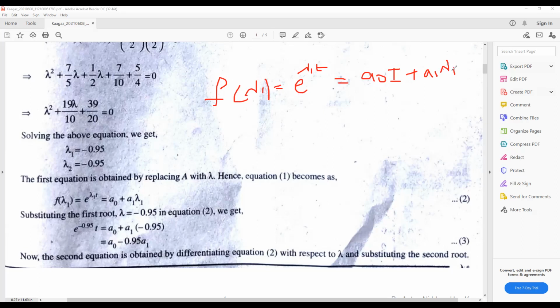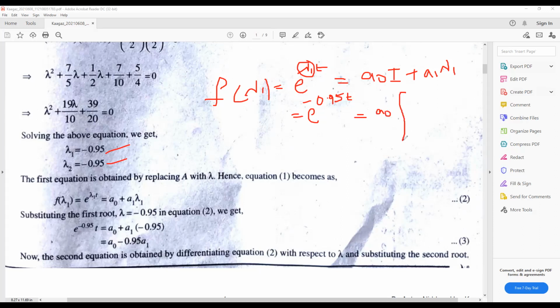Here A is replaced by lambda 1. What is lambda 1? The first root is minus 0.95, and the second is also minus 0.95. So e power minus 0.95t is equal to a naught, where the matrix is 2 by 2.